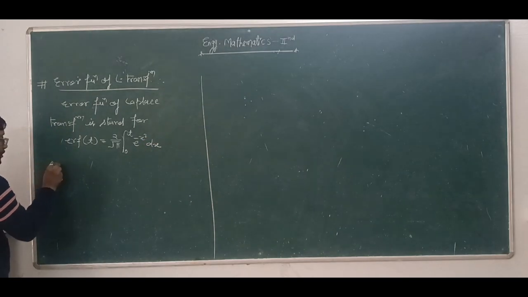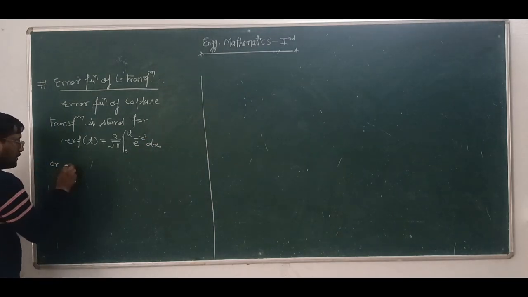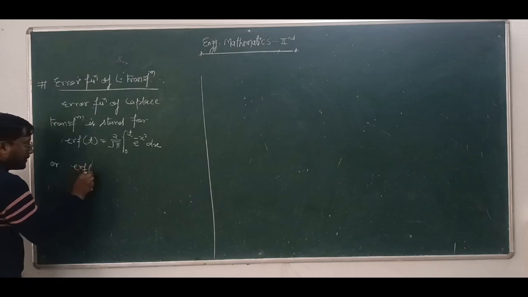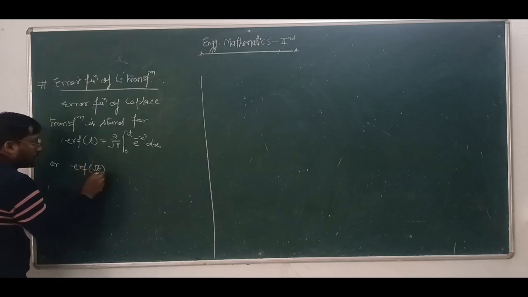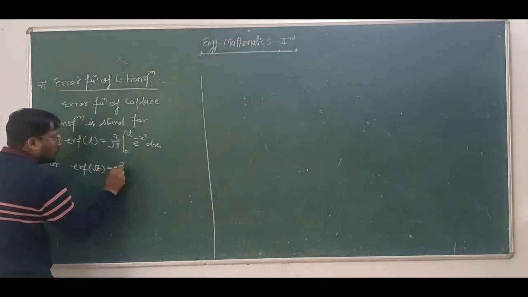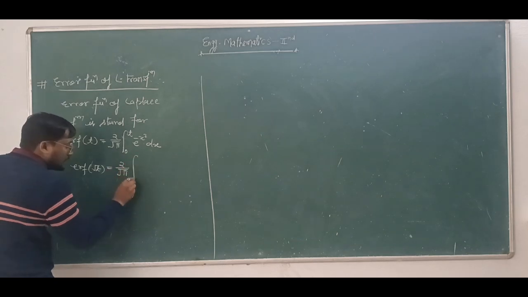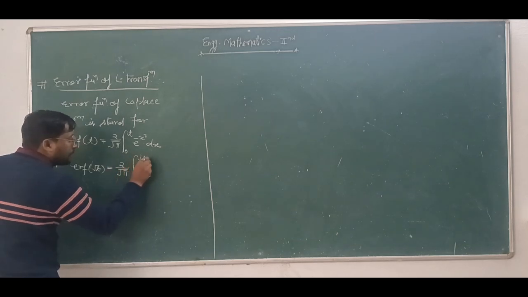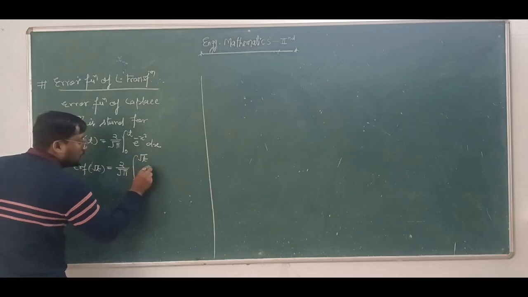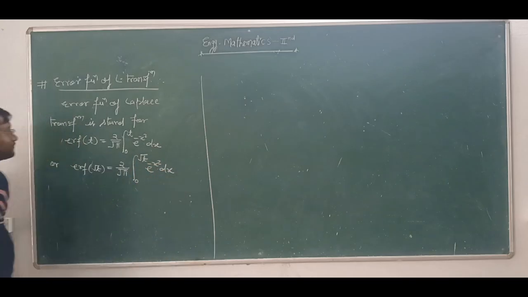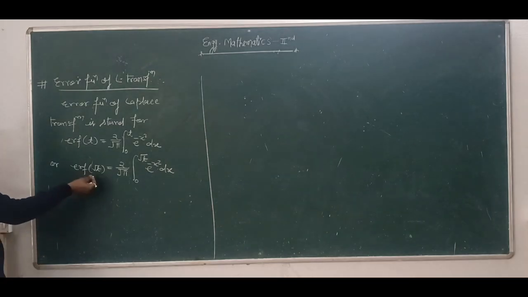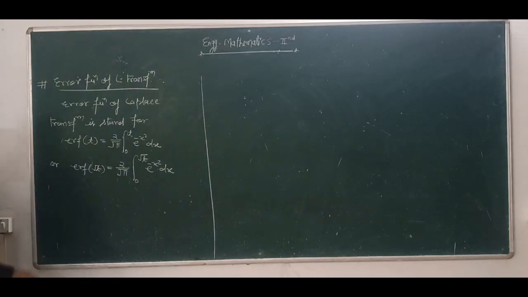Or simply written, error function of root t is equal to 2 upon root pi, integration 0 to root t, e to the power minus x square dx. This is the error function of Laplace transformation.